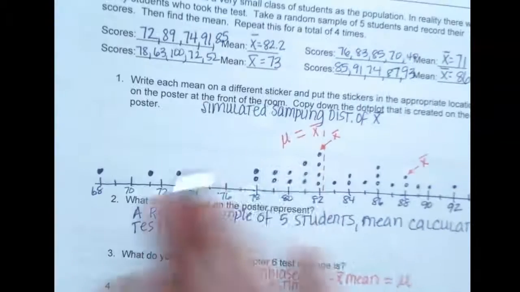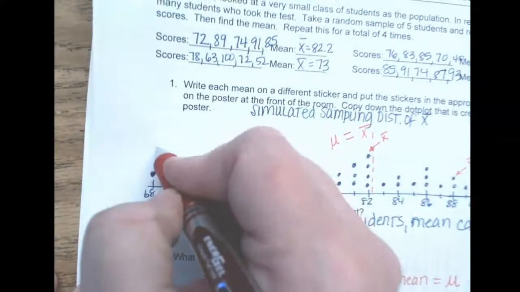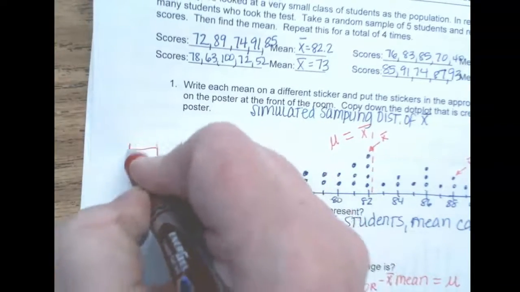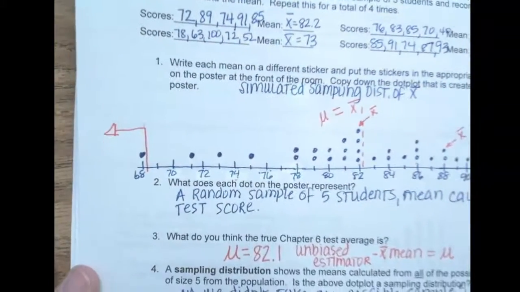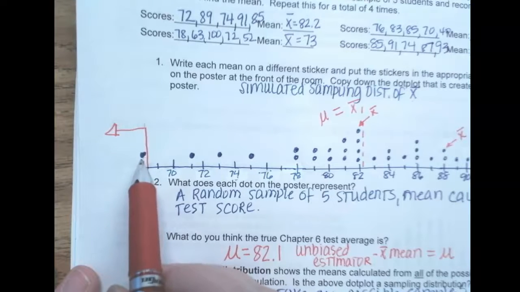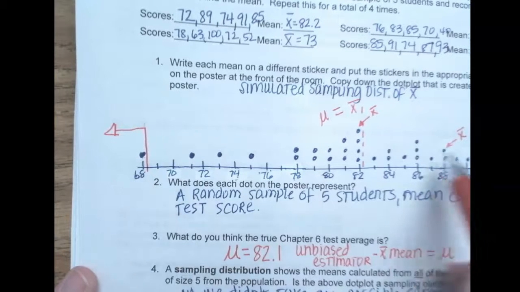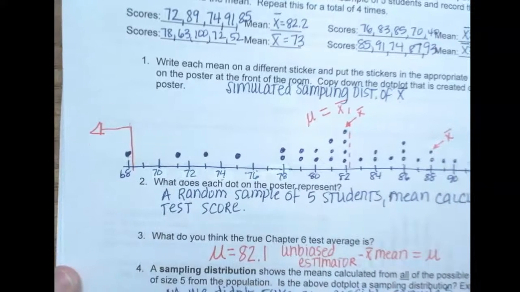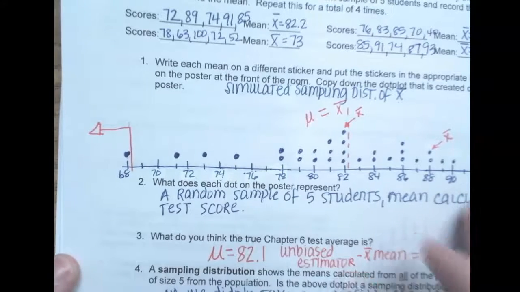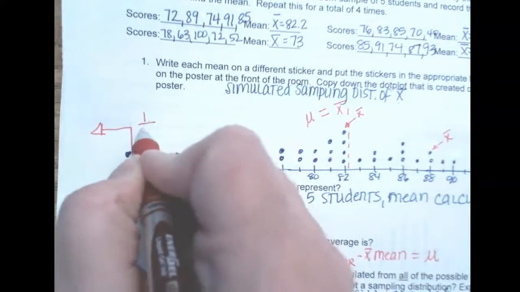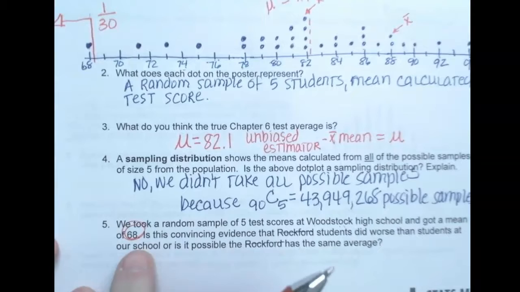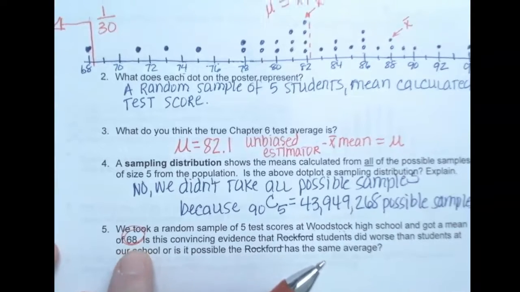So if we look at our distribution, 68 or more extreme occurs right here. There is only one value that is that extreme based on this sampling distribution. There are 30 dots here, so we got 1 out of 30 that matches their number.